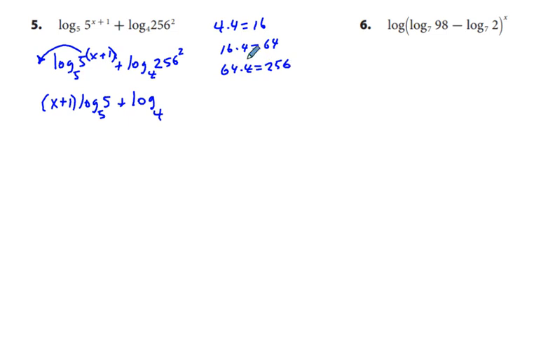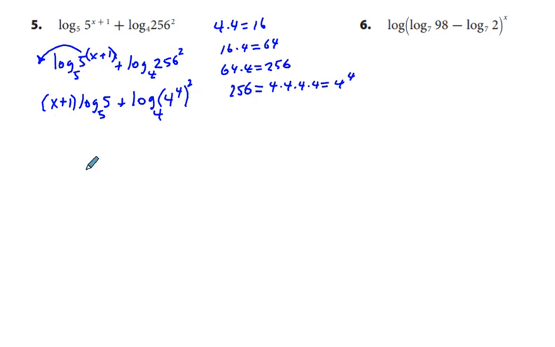So 256 equals 4 to the 4th power. We can write this 256 as 4 to the 4th power, and bring this 2 over there. So we've replaced this 256 with 4 to the 4th power.